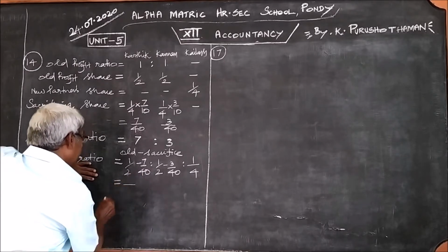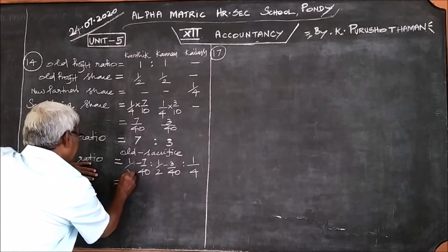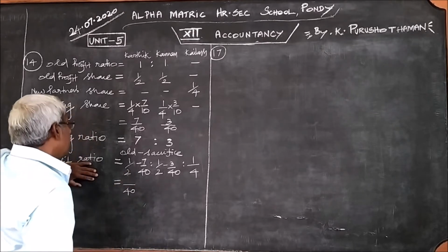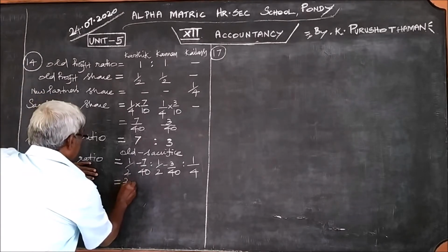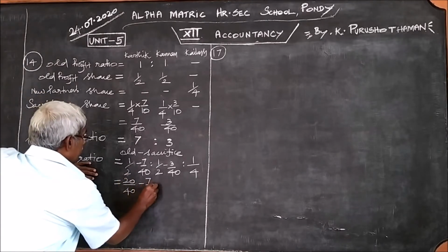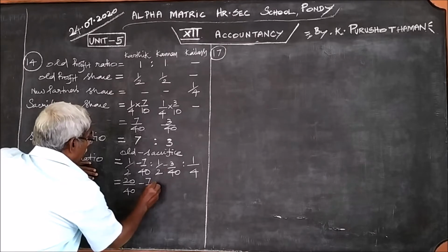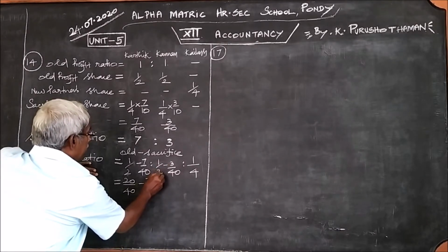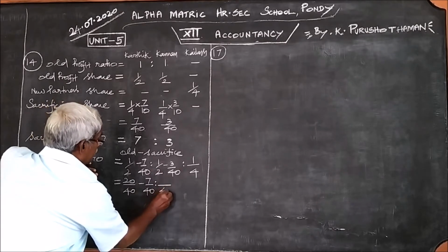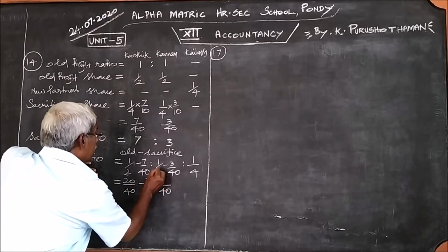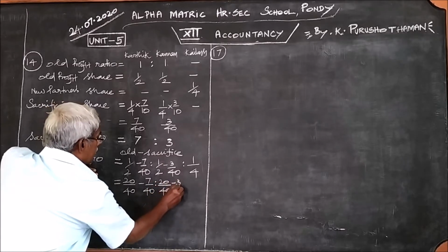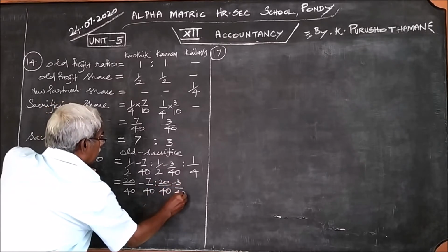Convert the denominator to equal. If you multiply this by 20, 2 into 20, 40, 1 into 20, 20, minus 7 by 40. The same thing, you multiply this by 20, 2 into 20, 40, 1 into 20, 20, minus 3 by 40.